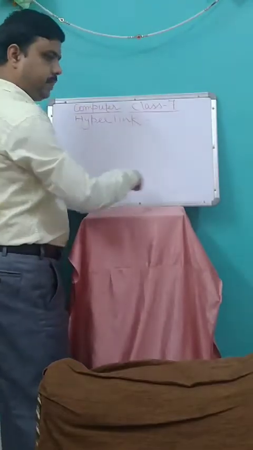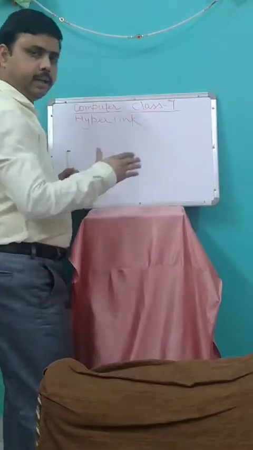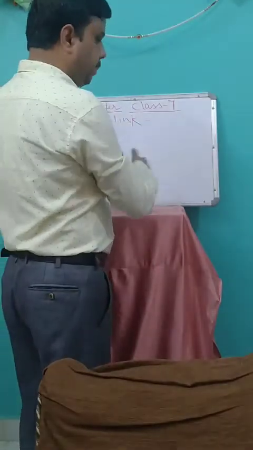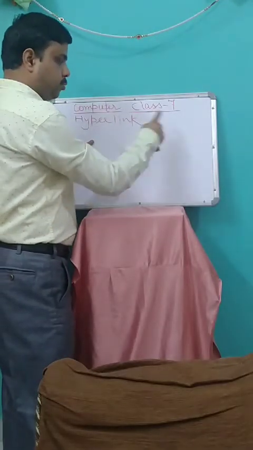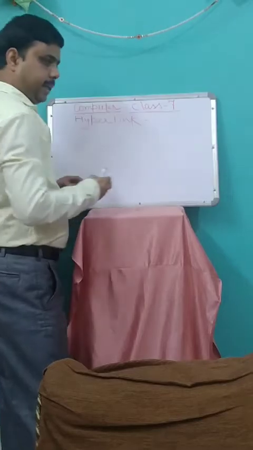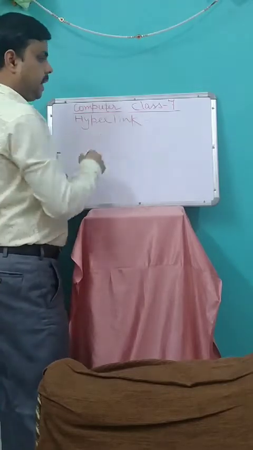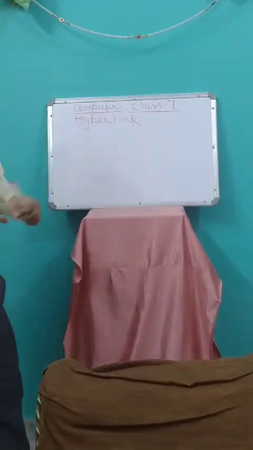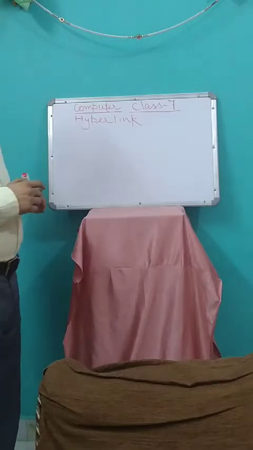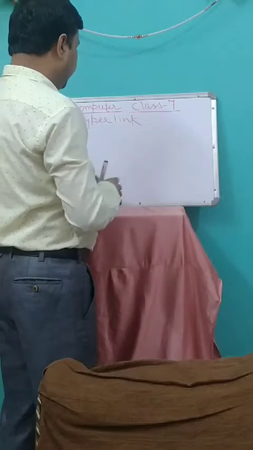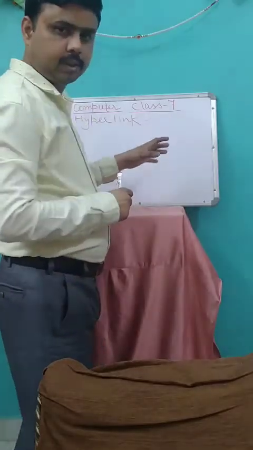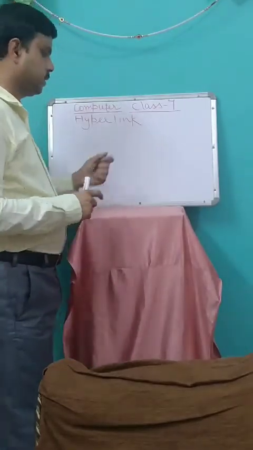Suppose a website we are using. In a website, many types of pages, web pages are given. When we want to move from one web page to another web page, we can use hyperlink. Is it clear, class? In another way, we will understand hyperlink in very simple language.